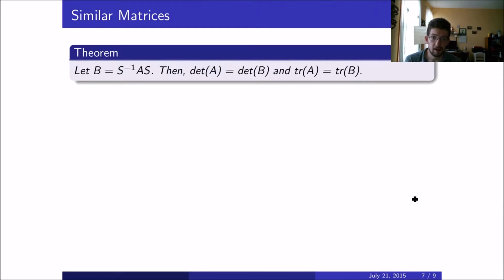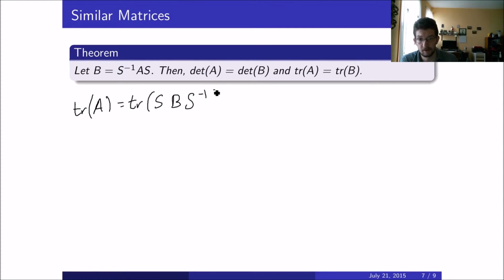So the trace handles similar matrices. Basically the way you prove this is, if you let A be a similar matrix, the trace of A is going to be equal to the trace of S B S inverse. Well, I can rotate this, so I'm going to put this group of matrices in the front.